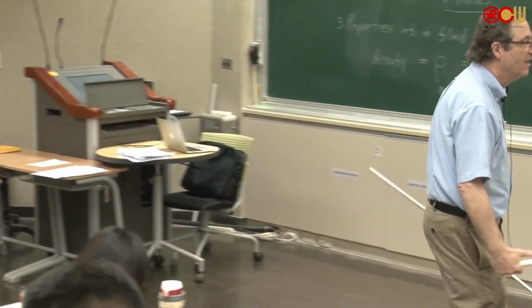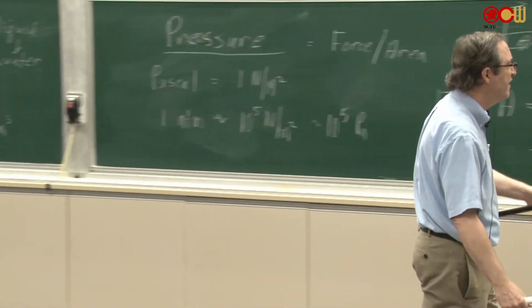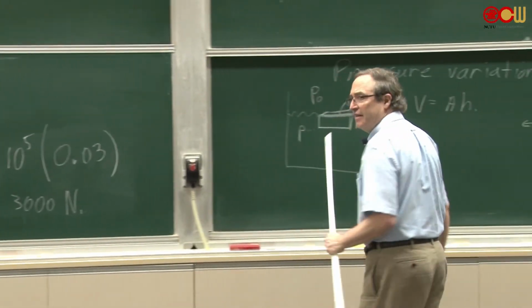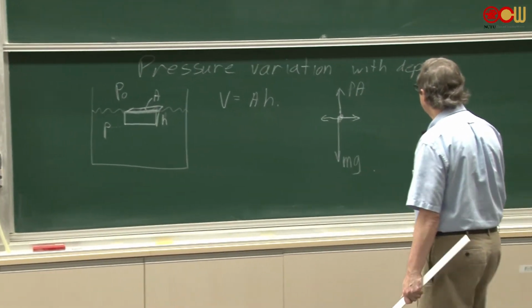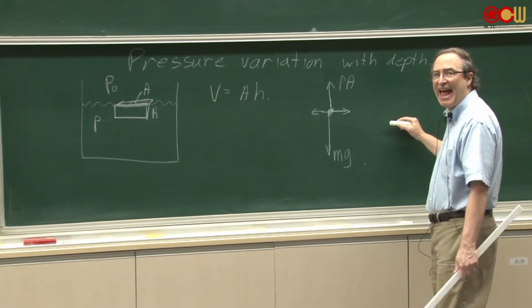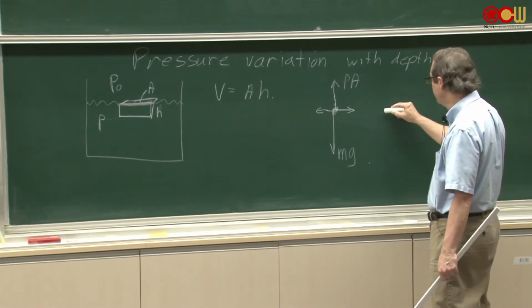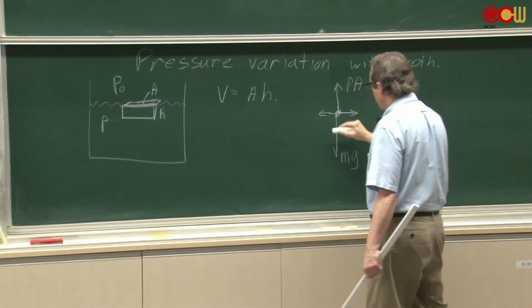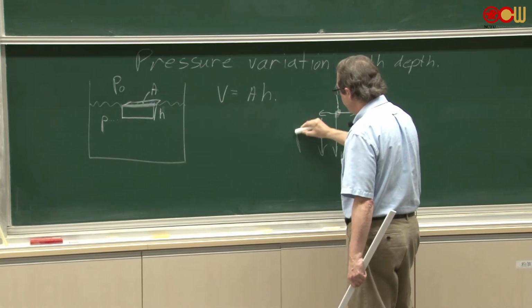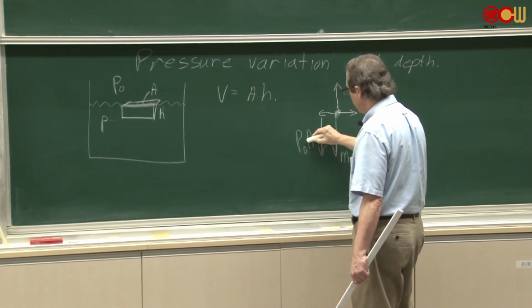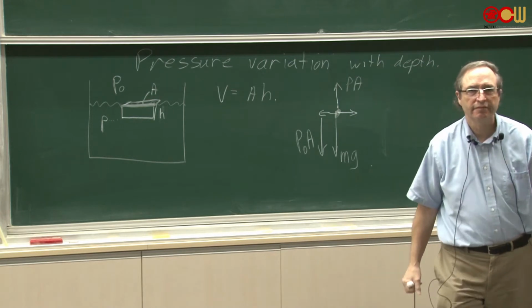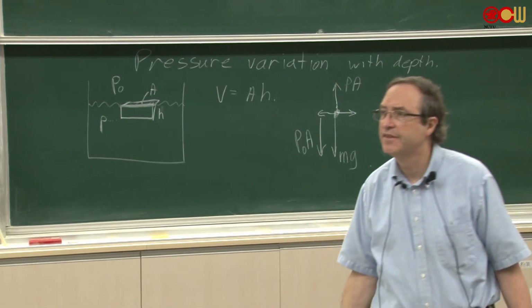All right, so the force is this P0 here, right? That's atmospheric pressure. Which direction is that? Down. So we have another force down, P0 times that. Are there any other forces?